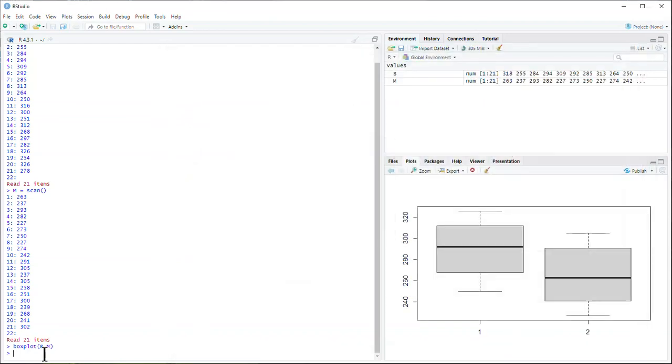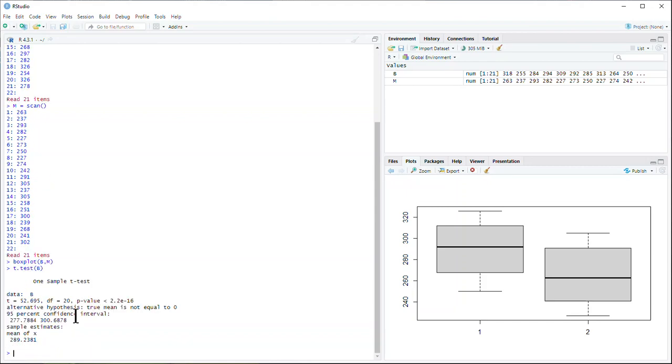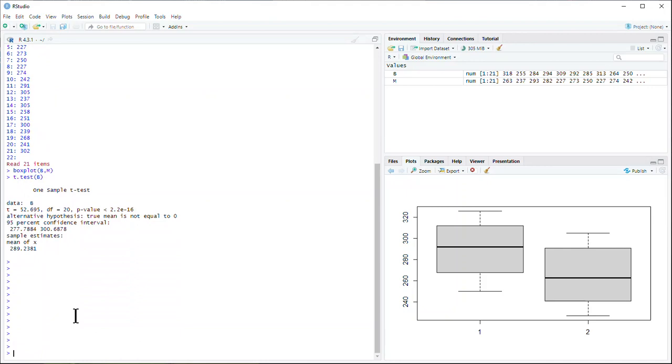All right, so let's take a look at the student's t-test. So it's t.test. And let's just look at B for Big Ten first. So I run the test, and when I run the test just for the Big Ten, the default in R is the one sample t-test, and it chooses a mean equal to 0, right?